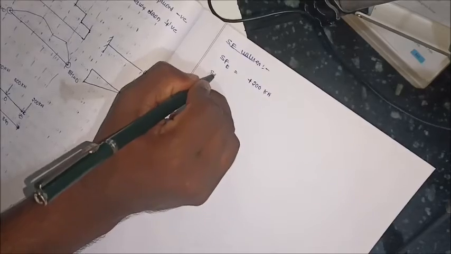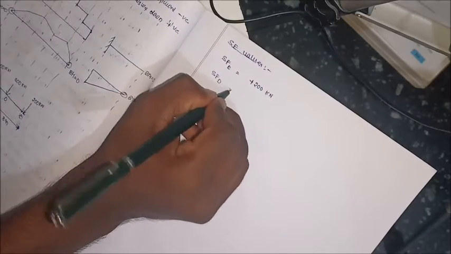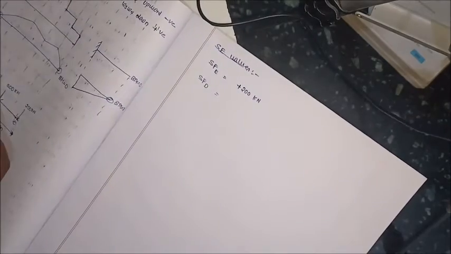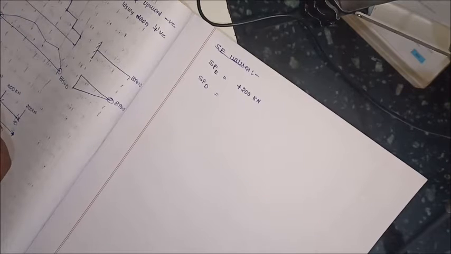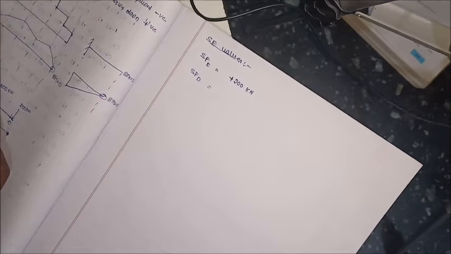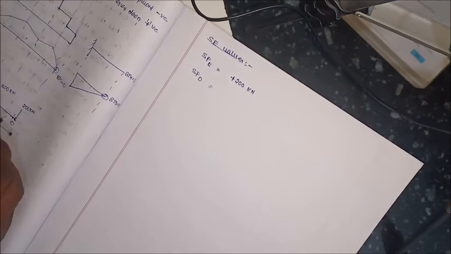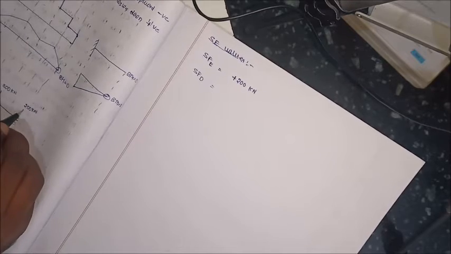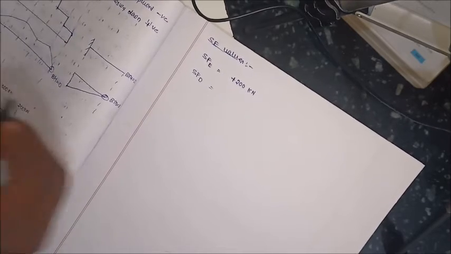In the same way, the shear force value at D. Consider the section just left of this point load. The algebraic sum of forces at the right of the section is 200 plus 300.